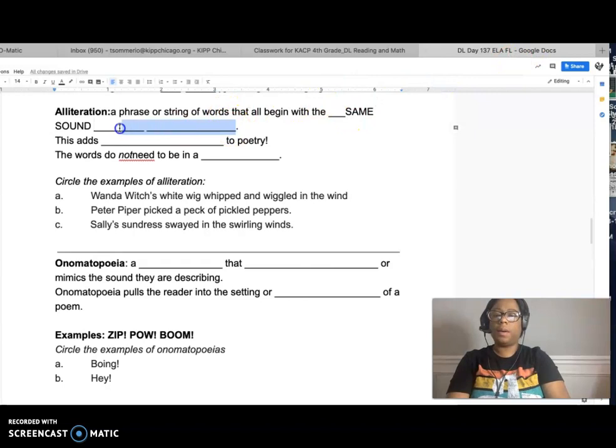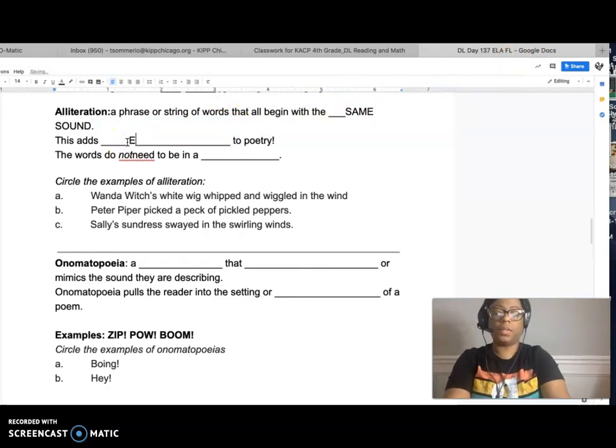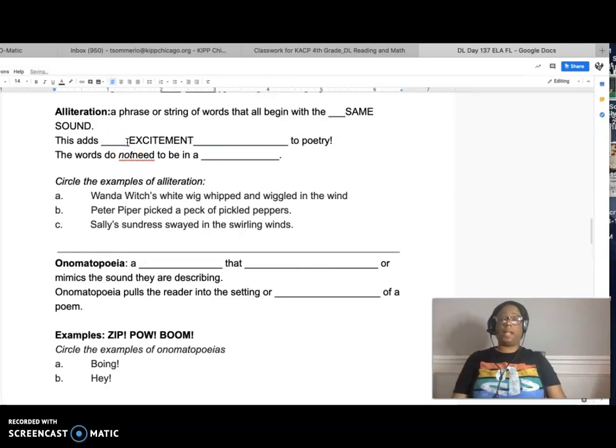Now, this adds excitement to poetry. Not only does it add excitement to poetry, it adds excitement to communication. It adds excitement to our writing. It adds excitement to the way we speak. So using alliteration is pretty fun to do.